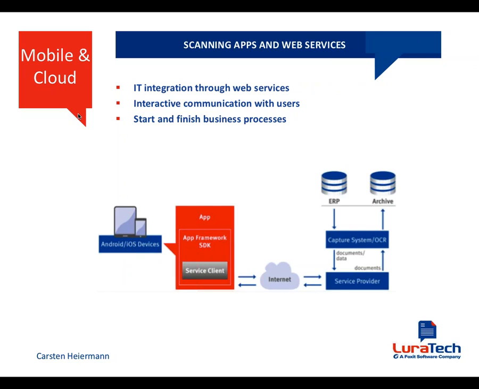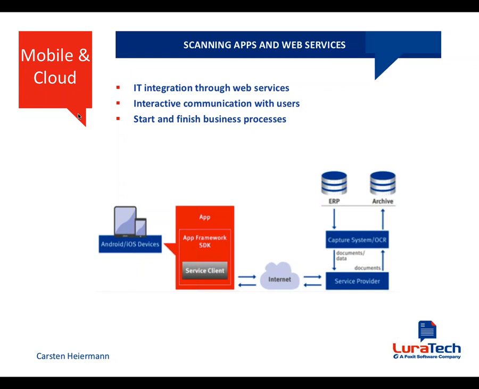Then throughout the year, we also came through many projects, and most of the projects had some kind of interaction with an internet, a cloud-based offering. Cloud-based is not always public cloud like Dropbox, but it could be private clouds like an insurance company IT infrastructure, or something like that. So when you take a look at this image here, you see your app in red is running on those Android or iOS devices based on our App Framework SDK.